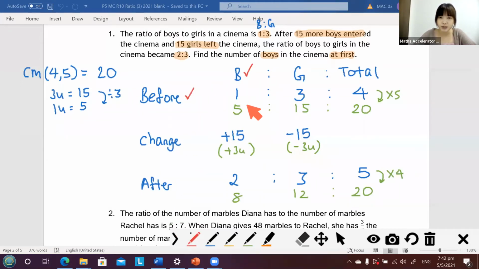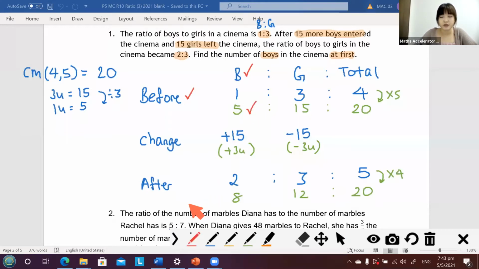But we have two numbers here, 1 unit and 5 units. So which one do we use? Is it 1 unit or 5 units for the boys at first? Can you type into the chat? Very good. Those of you who typed 5 units, that's correct.